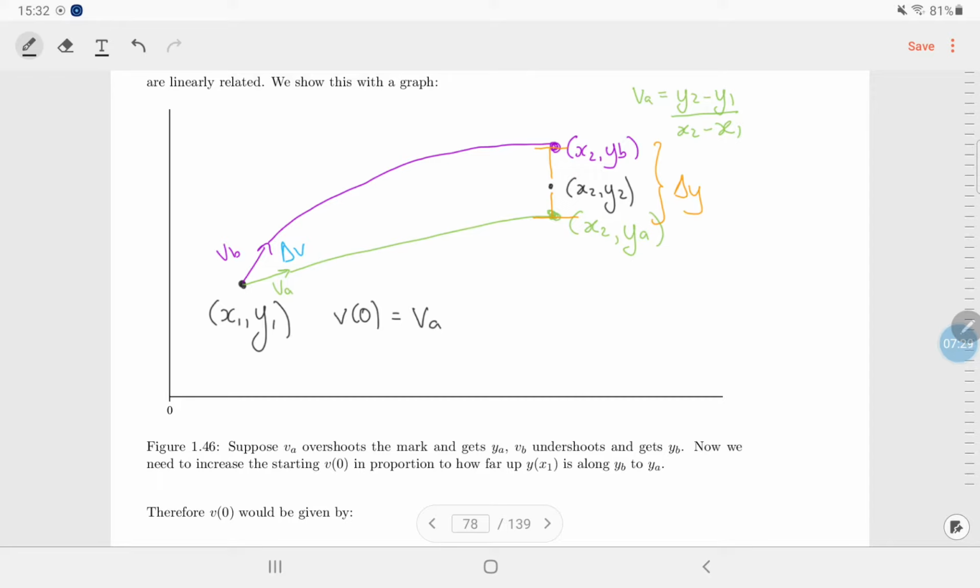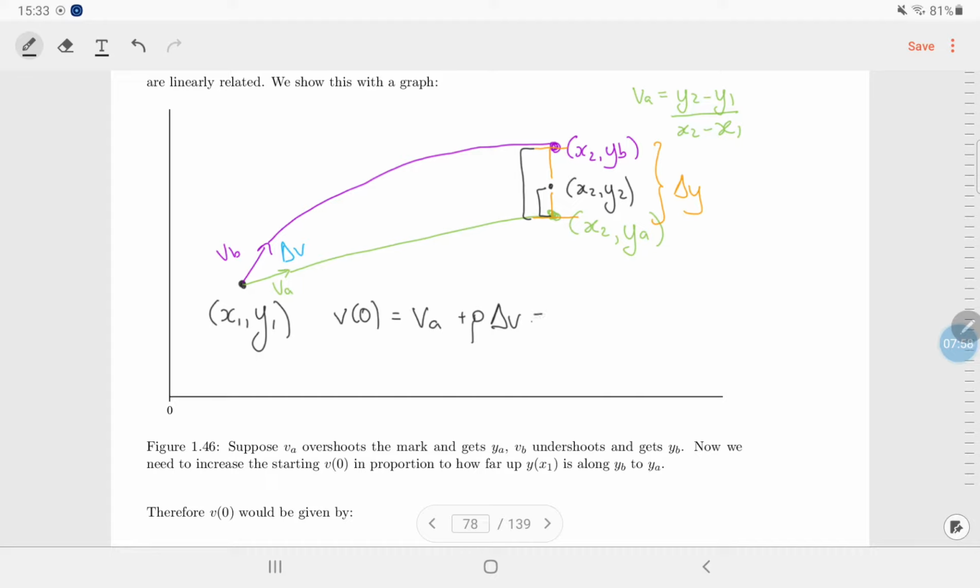Let's write P for proportion of the difference in the slopes. So the question is, what is the proportion? The proportion is the same thing as the ratio, how much of this out of this. So if y2 is halfway up, P will be a half. If y2 is a third of the way up, P will be a third.